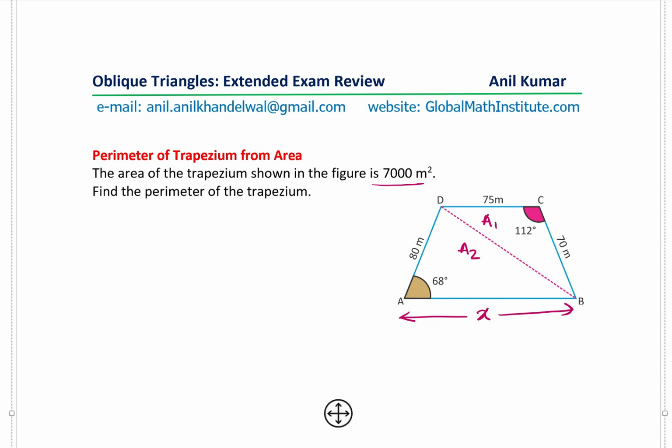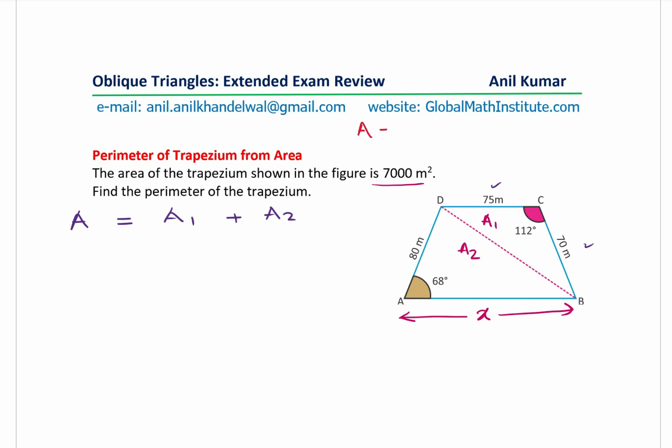So let's do the needful. We can say that the total area A is equal to the sum of the two areas, A1 plus A2. Now each area we can find using the formula for when we know the two sides and the included angle. Let's rewrite the formula for area. So area is equal to half of AB sine C. That's the formula which we are going to use.